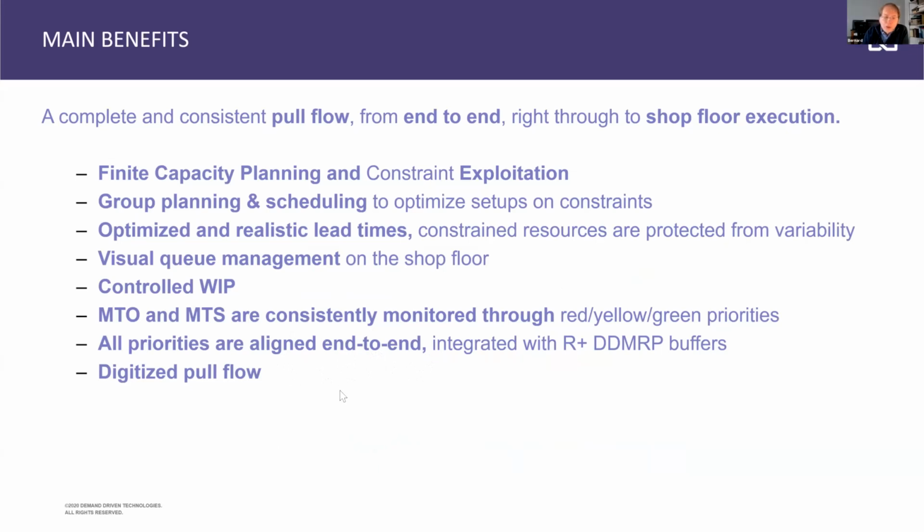To summarize, demand-driven scheduling and execution is really the shop floor manufacturing leg for the DDMRP and DDOM model. It includes finite capacity scheduling for the constraints, so that you can exploit your constraints as best as possible, minimize changeover times, and optimize the sequences, the planning wheels, etc. It includes group planning and scheduling.